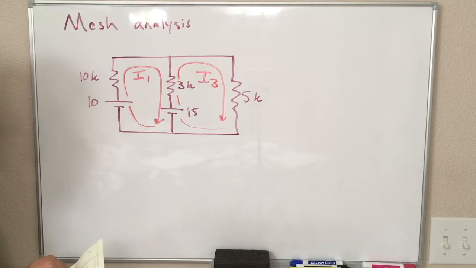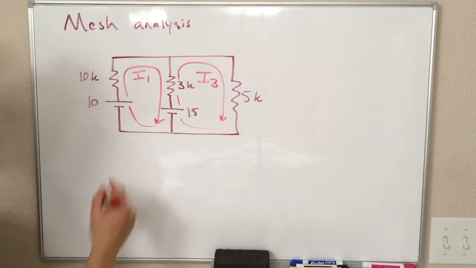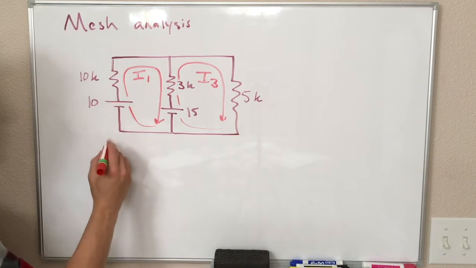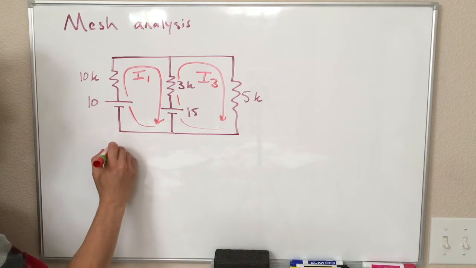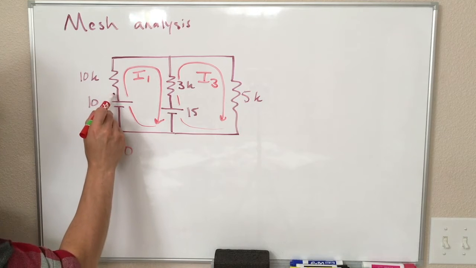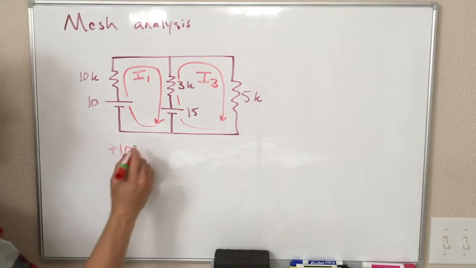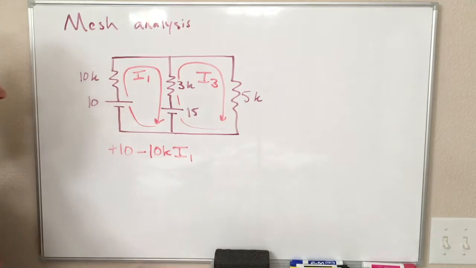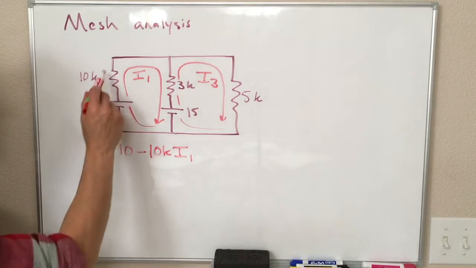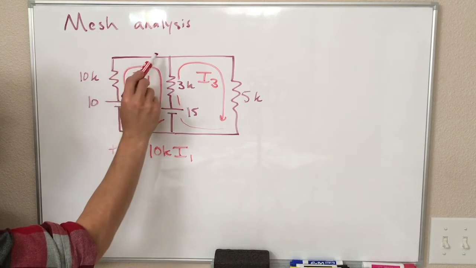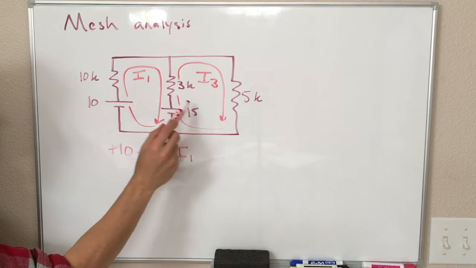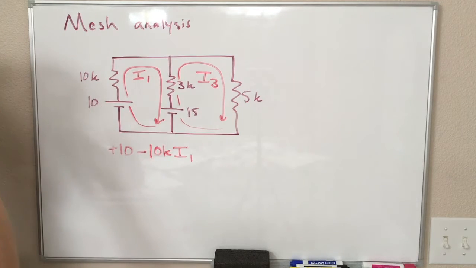Okay, so with mesh analysis, we still do our little walk around the loop, and it's going to look pretty similar at first. Starting from the lower left, we have a delta V of plus 10, then a delta V of minus 10K times I1. Then things get funny, because now we go down and I1 is going through this 3K resistor, but I3 is also going through this 3K resistor.